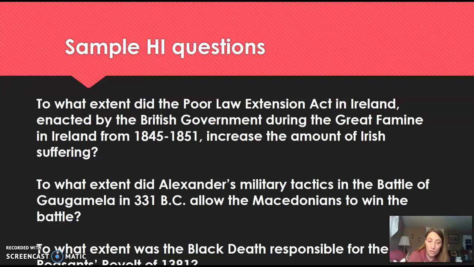And the very last question that I have as a sample here: to what extent was the Black Death responsible for the Peasants' Revolt of 1381? Sorry, I said 1391, but it's 1381. I don't have my glasses on. This is a question for a student who happened to be really interested in the plague. Kind of, we're in a pandemic now, and there have certainly been pandemics in the past. How much did this plague actually create the Peasants' Revolt?